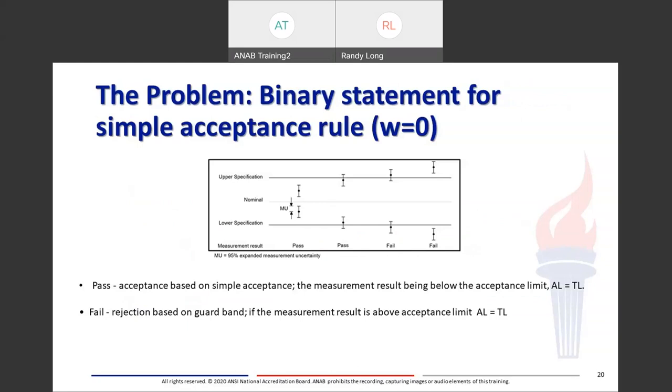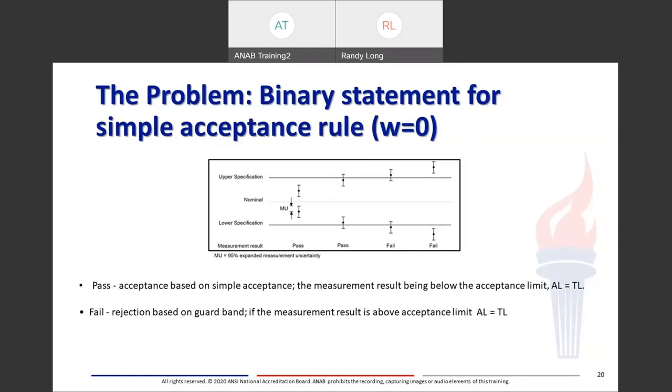Here's a slightly different picture, and this is actually from the ILAC G8, where you see the measurement uncertainty here around the test value or calibration value. And in this case, they have a binary decision rule where the data, as long as it's within the specification limits, is a pass.